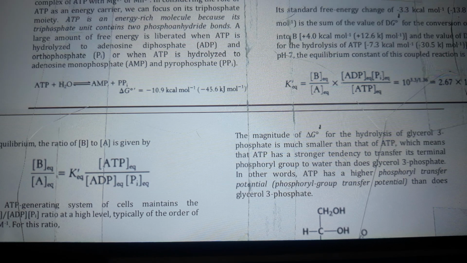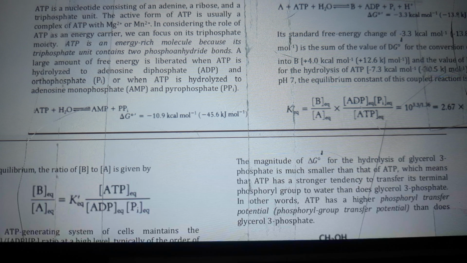ATP is a nucleotide consisting of an adenine, a ribose, and a triphosphate unit. The active form of ATP is usually a complex of ATP with Mg2+ or manganese.